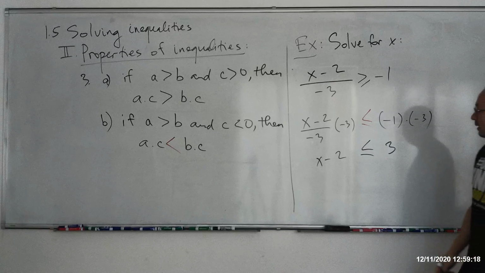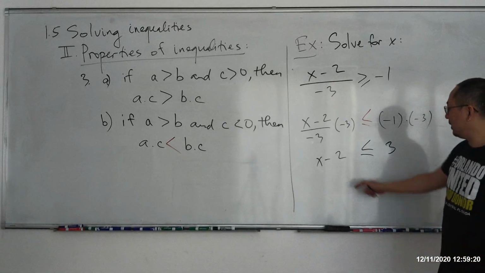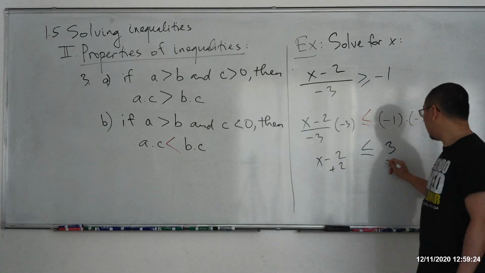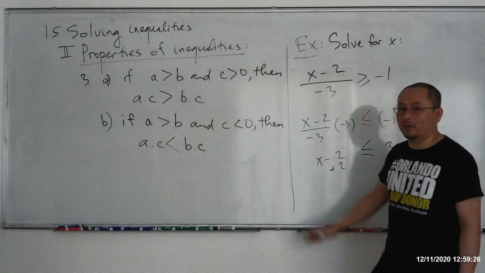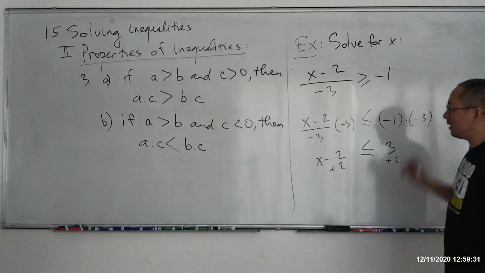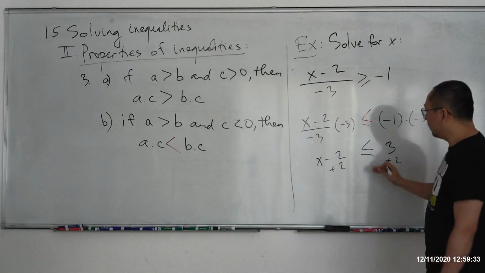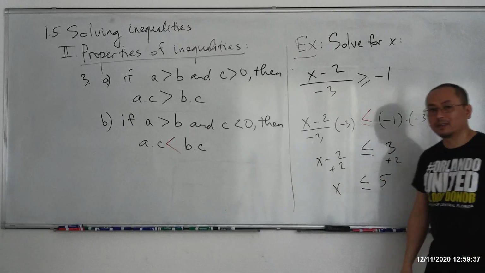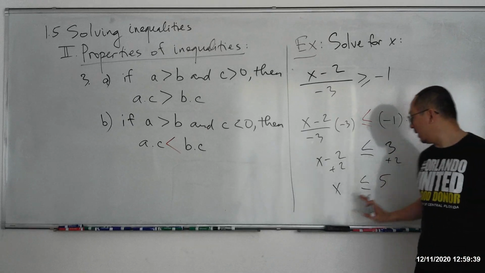Now, things are much simpler, alright? We're going to add 2 on both sides. Which we learned before, property number 2. Whenever you add or subtract a number, the inequality stays the same. So x is less than or equal to 5. Okay? So 5 or smaller, including 5.